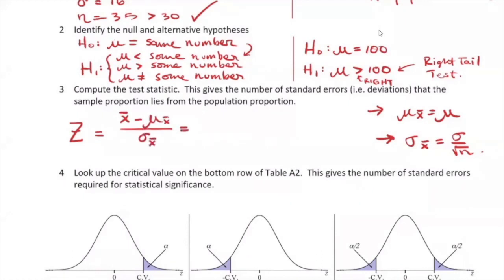And based on the formulas I put down over on the right, the mean of the sample means is the mean of the population you're sampling from. And the standard error of sample means is the population standard deviation, which we're assuming is known, divided by the square root of the sample size.